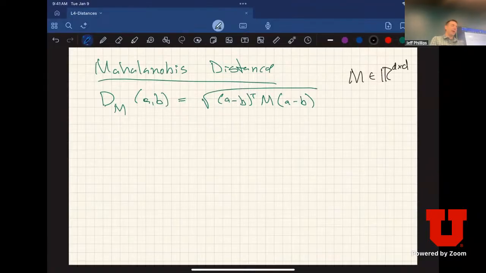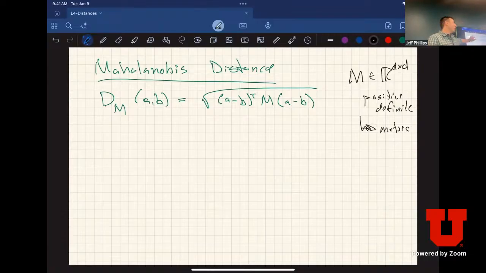So it's going to be a square matrix, and it should be positive definite. Okay, if it's positive definite, then this is going to be a metric. A positive definite matrix means all of its eigenvalues are well defined, and they're all real and they're all positive.